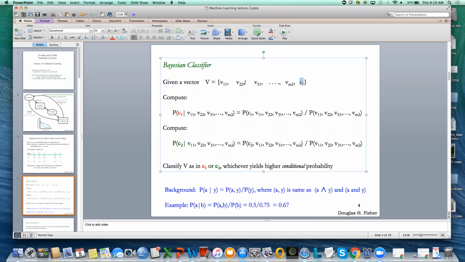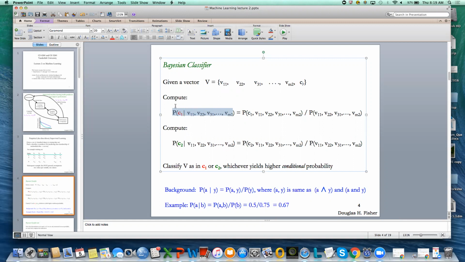In the Bayesian classifier, we're going to compute two probabilities if we have two classes. If we have more than two classes, we're going to compute a probability for each of the possible class outcomes. But that probability is basically going to be the conditional probability of class 1 in this example, given this vector.